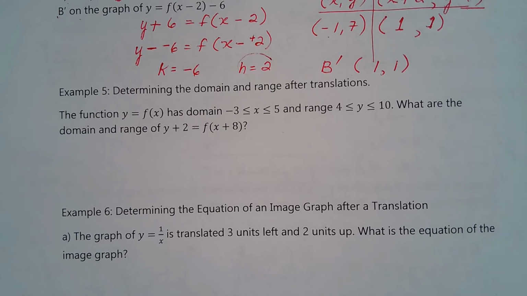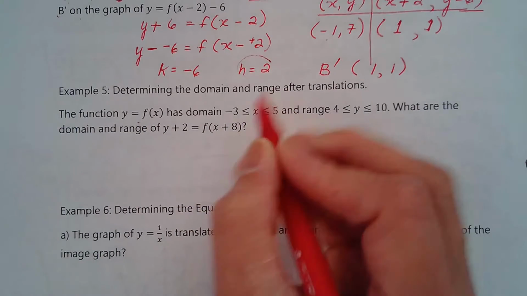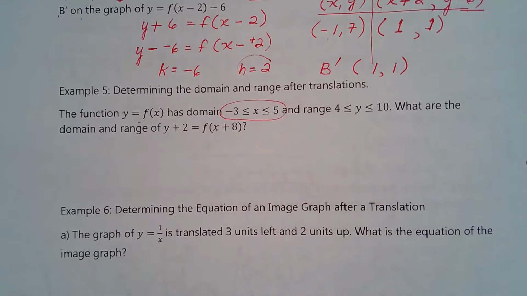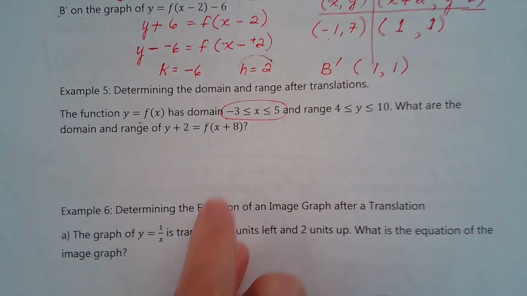Example 5, determine the domain and range after the translation. So f of x has a domain of negative 3. Okay, how would you read this?